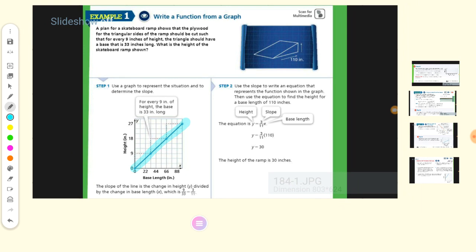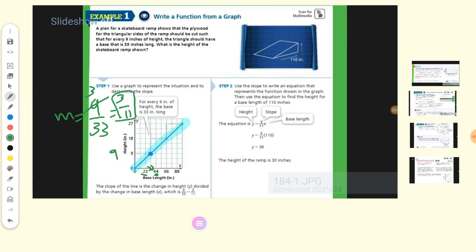Consider this point. At this point, y equals 9, and x, between 22 and 44, is 33. So y over x is 9 over 33. This is the slope. After simplifying, dividing by 3, it equals 3 over 11, and this is the slope.